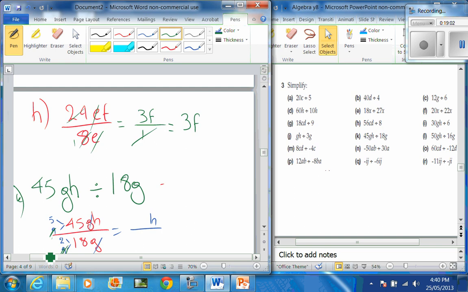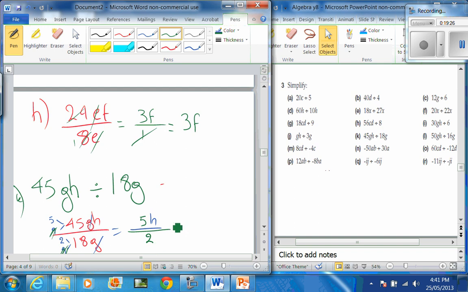Okay, remember that because we're going to need that later in the factorization. Okay, so what I'm writing on top? Great. 45 becomes just 5 because I'm getting rid of my 9 and 18 becomes 2. Do I leave it as it is?